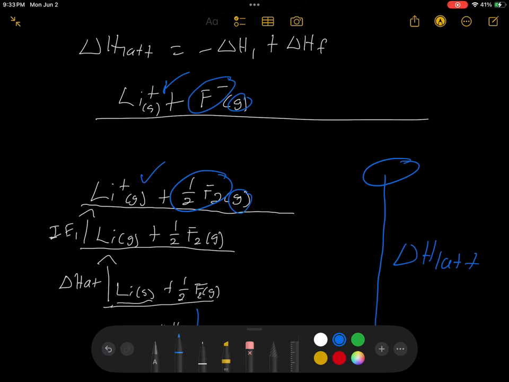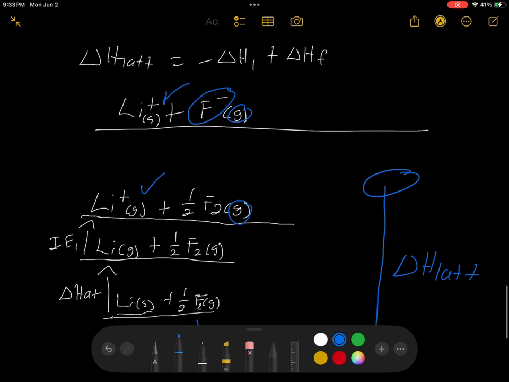It's still F2. So, to get it in the form of a single fluorine atom, we still apply delta H atomization. And in doing so, that would get us Li plus as a gas plus F as a gas, right?